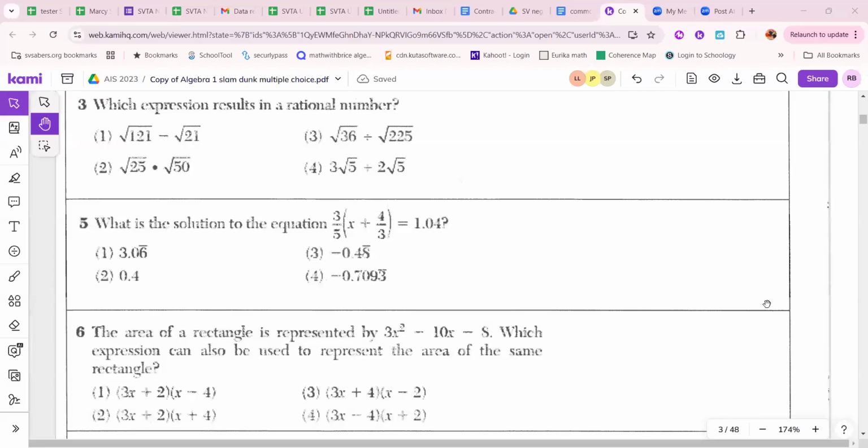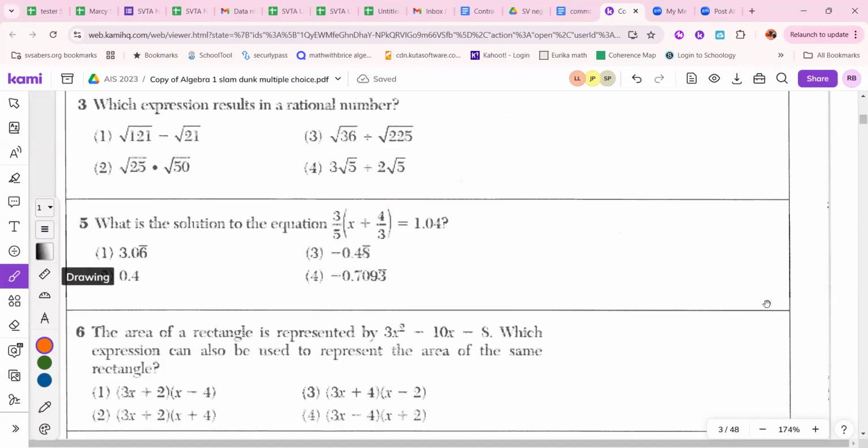Question number 5, what's the solution to the equation 3/5 x plus 4/3 equals 1.04? Again, I told you we're just using our tools because all of these problems, solutions are decimals. We have to type in not the y equals part, but just the regular part of the question, 3/5 x. And then for the x, we put in 3.0.